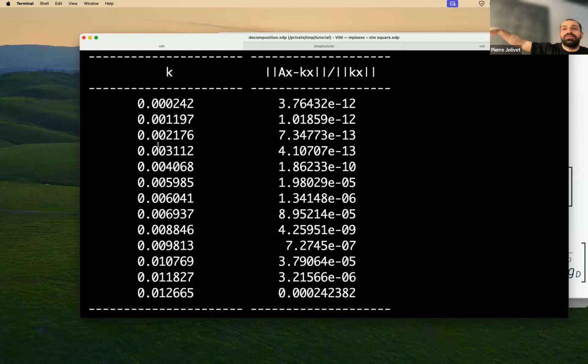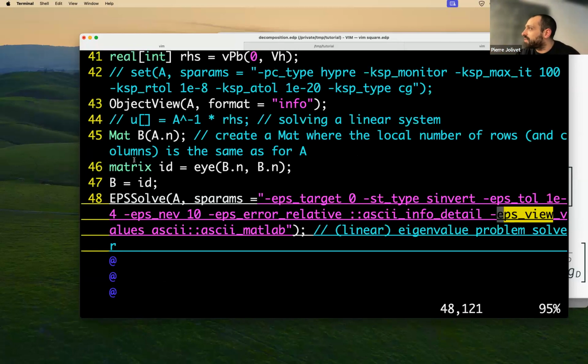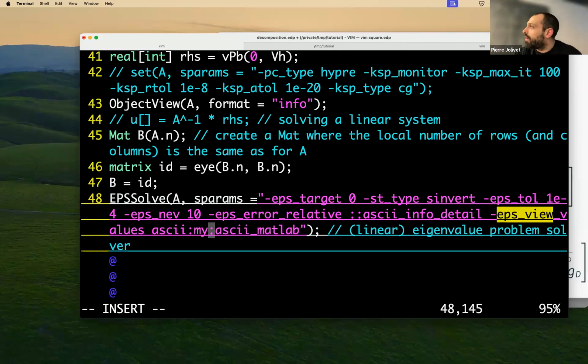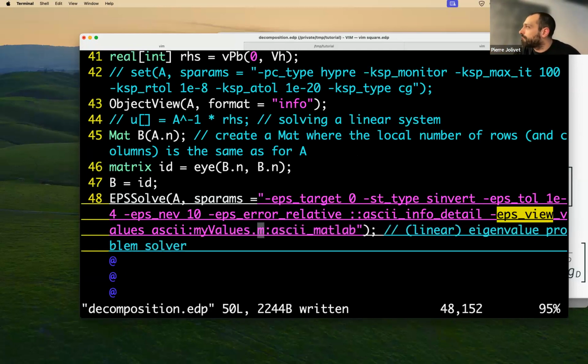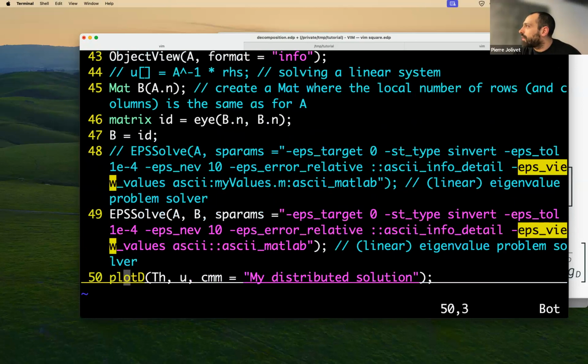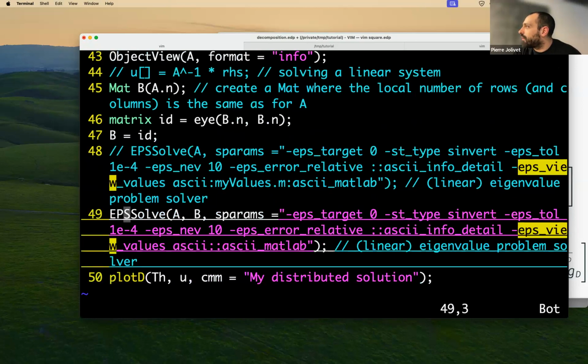So for now, we have just done everything on the screen. Of course, you can also output this to a file. For example, you can do something like ASCII my values.m. Okay, I will remove this call and I will just do one. So EPS solve, you can output this in a file.